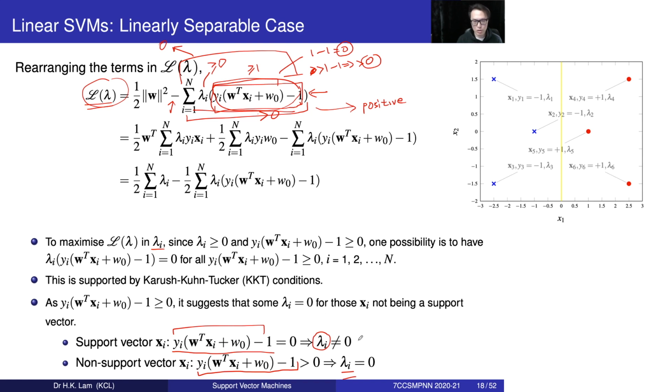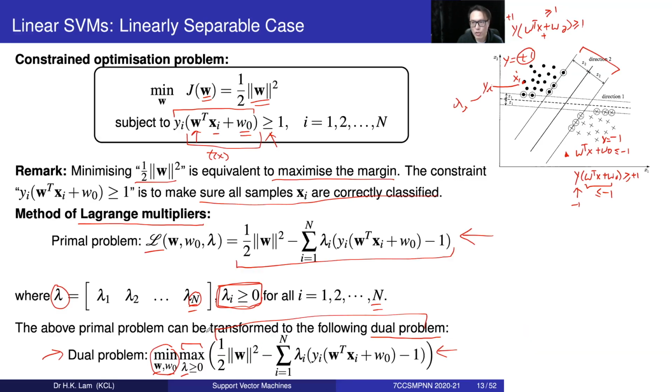If you look at this condition, under what situation will this term be 0? Only when xi is a support vector. When we refer to this diagram, if we substitute the support vector into this fx, it will give us +1.